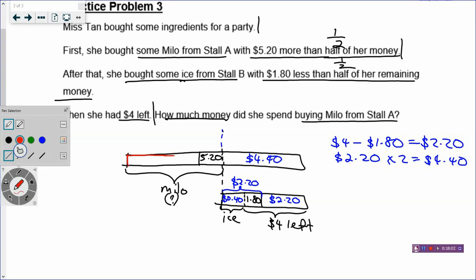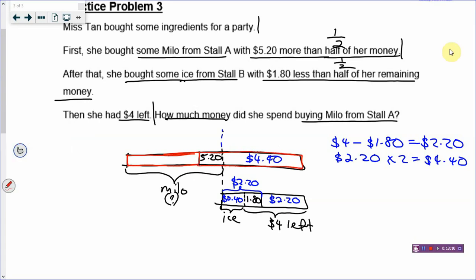This is half, and the other half is over here. So you have two equal boxes. Now if this is this half, how much is that? That will be $4.40.